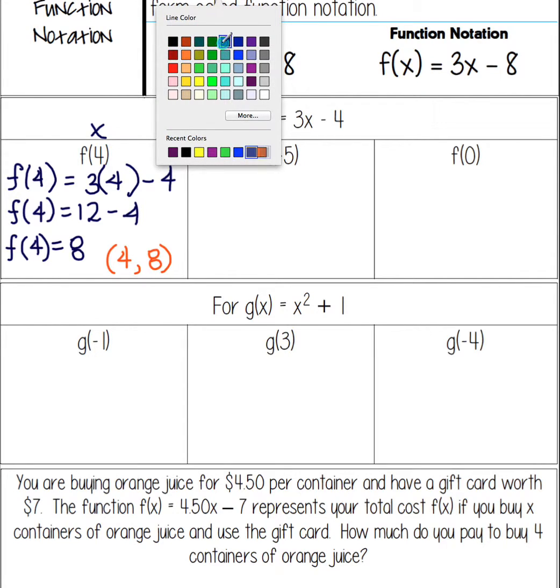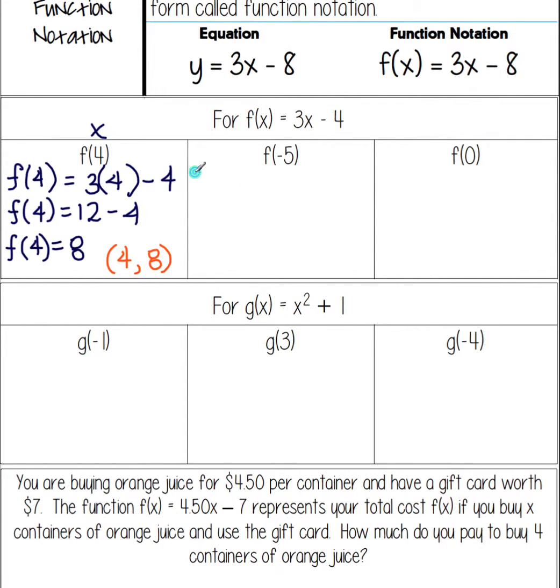So let's try another one. If we have f of negative 5, negative 5 is going to go in for our value of x. So 3 times negative 5 minus 4. So f of negative 5 is 3 times negative 5, which is negative 15, minus 4.